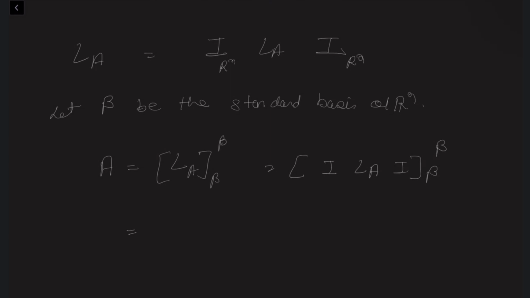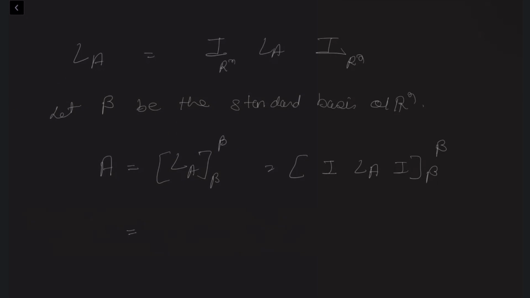In the first or second class I told you that the matrix and linear transformation are connected by a bridge. The basis works as a bridge between the linear transformation and the matrix, because if you change the basis, your matrix can change. So one basis is beta, one basis is beta dash. The same linear transformation, when it works on beta or on beta dash, will give two different matrices.